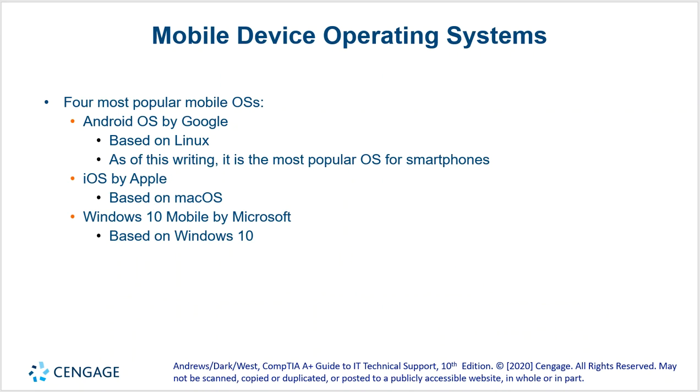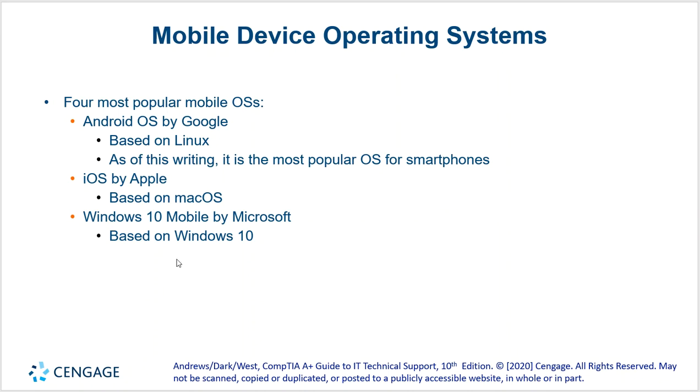So the most popular mobile OSs are Android, which is made by Google. It's based on Linux. It is the most popular OS for non-Apple smartphones. There's iOS by Apple, and it's based on Mac OS.